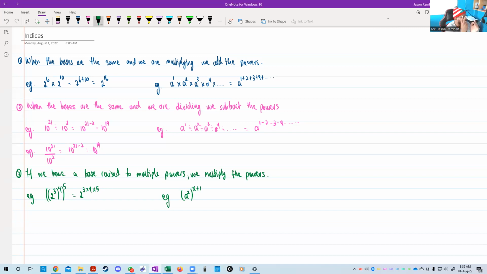X plus 1 is 2 terms on a power. When I have 2 terms on a power, put that power in a bracket. And the law says when I have a base raised to multiple powers, multiply the powers: 2 into x plus 1. And I should be able to distribute this as A to the 2x plus 2. Yeah?